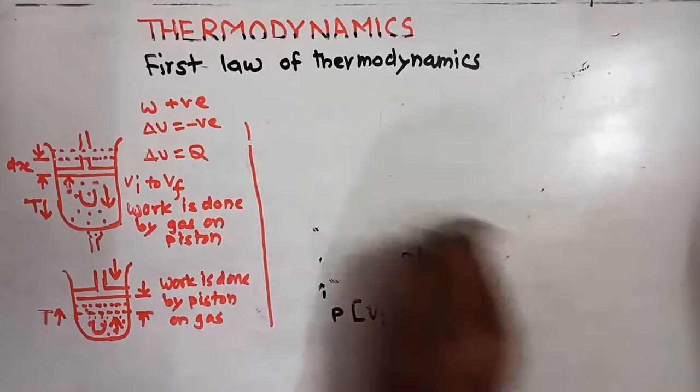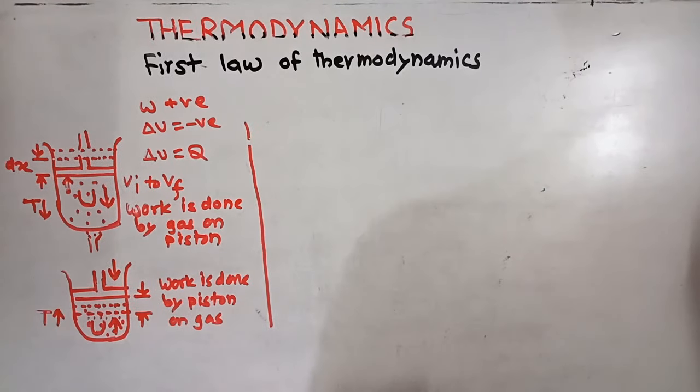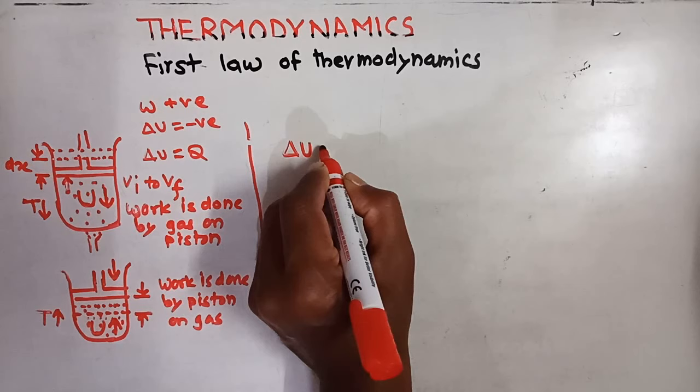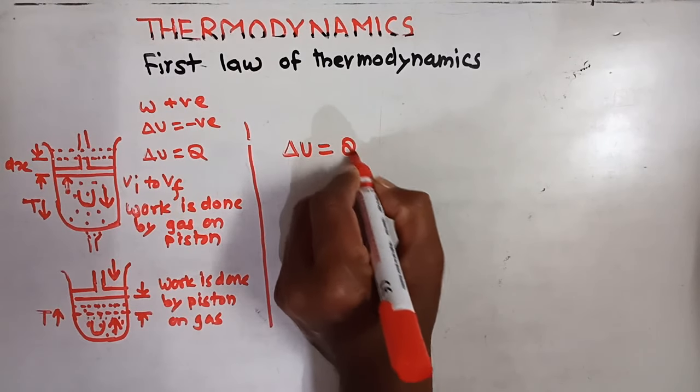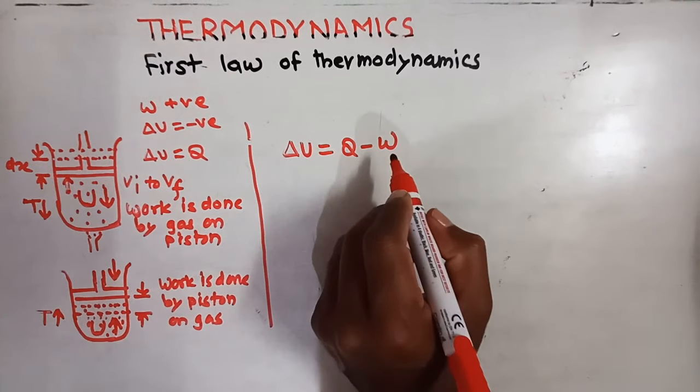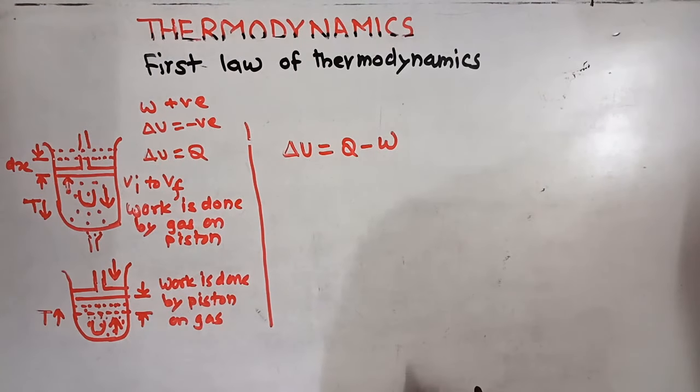Now these two observed things are collected in an equation, and we get the equation for internal energy. Del U is equal to Q minus W. This is the mathematical form of the first law of thermodynamics.